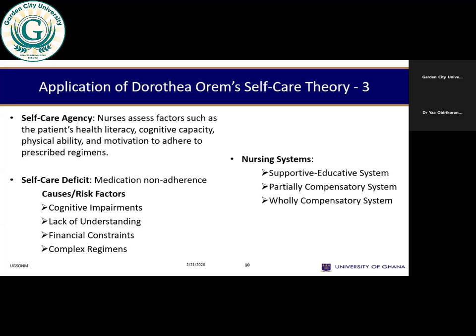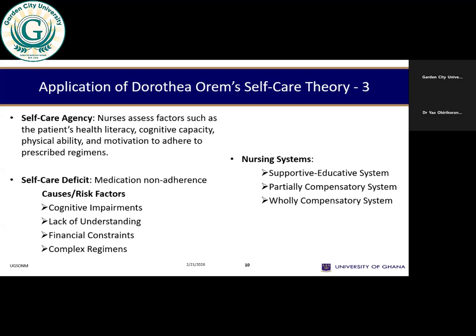I understood that the patient had a problem with cognition, some form of cognitive impairment. Then she had a lack of understanding. She didn't understand the medications, how important it is to adhere to them, when to take them, and all of that.